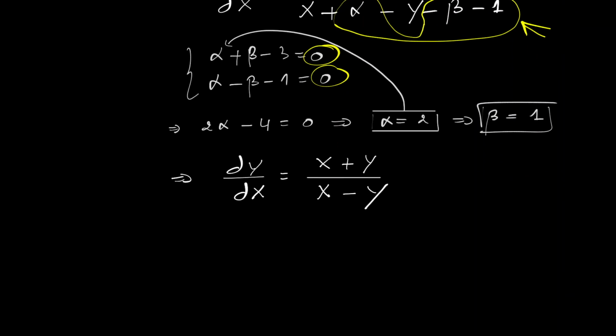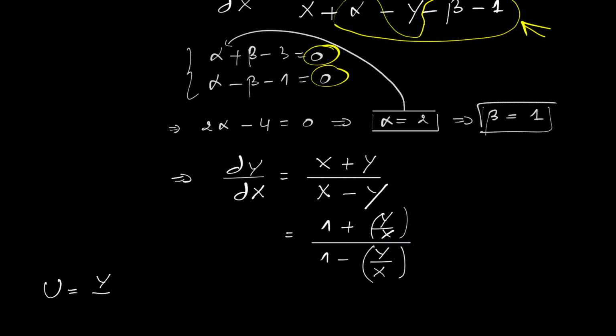By dividing by big X, we obtain this, which is a homogeneous equation that we now have to solve by putting u equals big Y over big X, or big Y equals X times u, then Y prime equals u prime times X plus u.